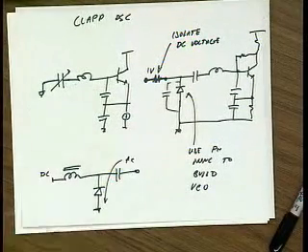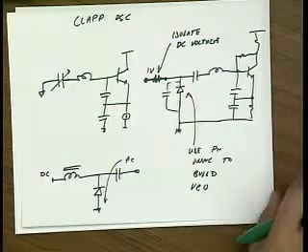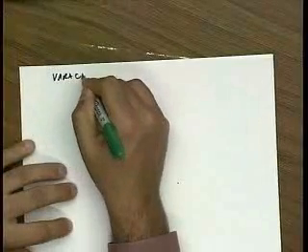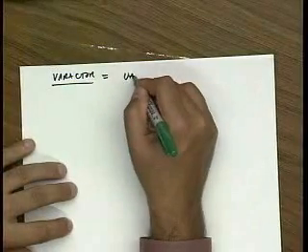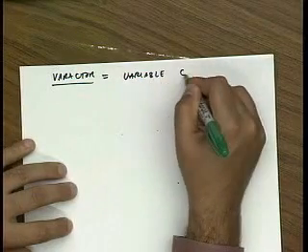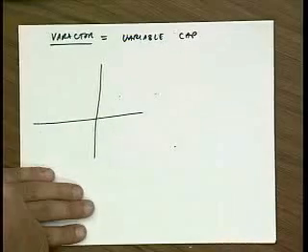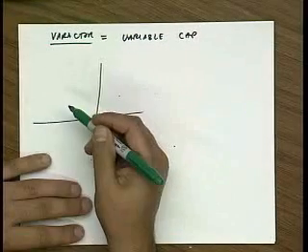Okay, so one more thing I'll mention. Let's talk a little bit about these varactors. A varactor is, of course, a variable capacitor, and there are two kinds of varactors. There are PN junction varactors.